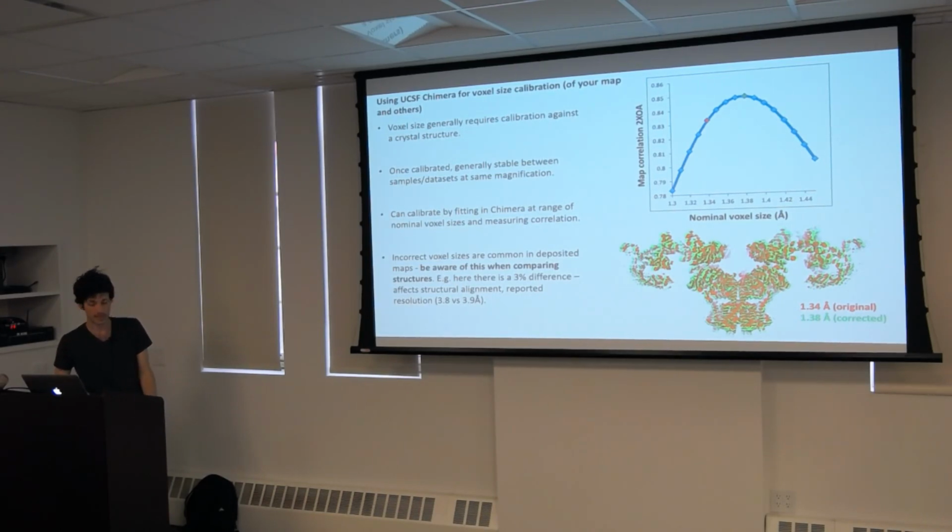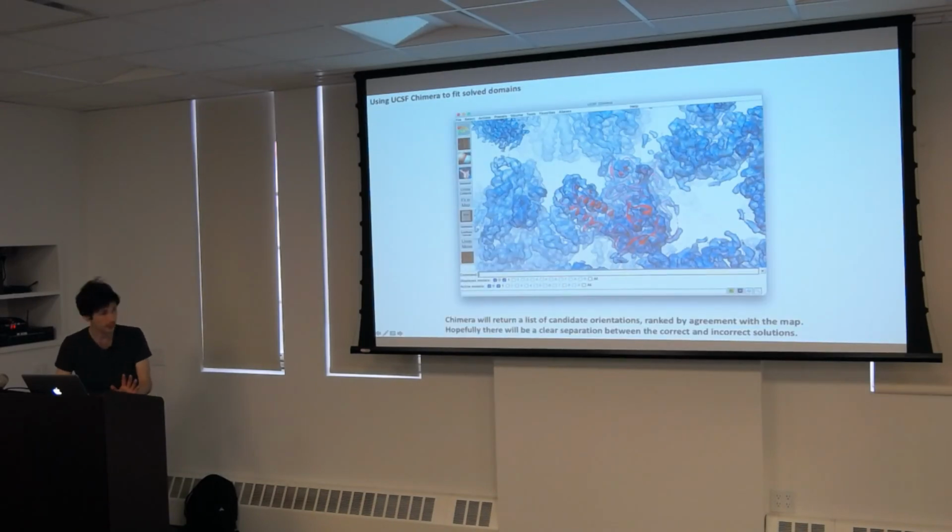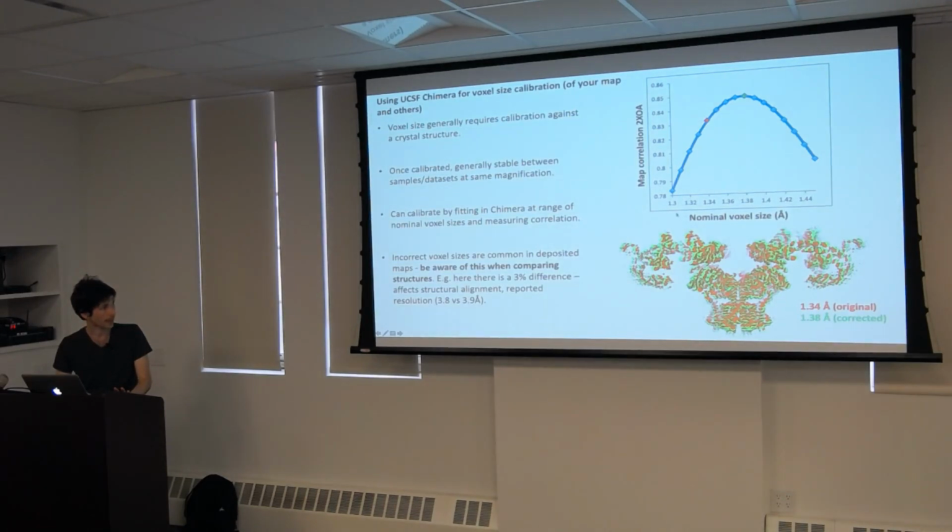Here I've taken this domain and this map, which has a notional voxel size of 1.34 angstroms, and then I've fit that domain at different nominal voxel sizes and calculated a correlation coefficient.